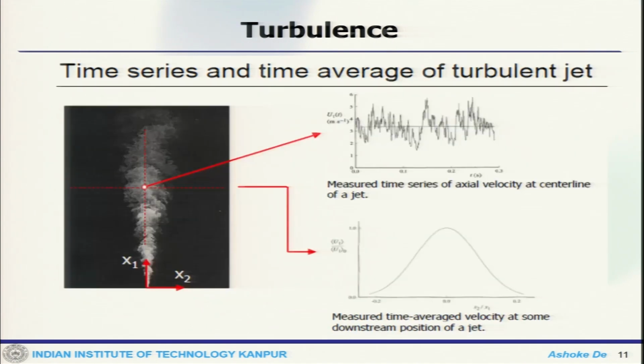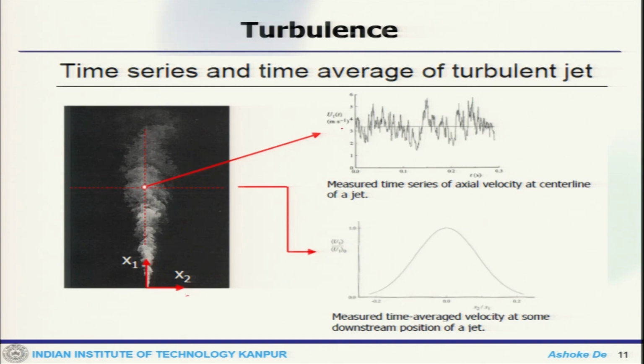Now, if you go to time series and time averaging of the turbulent jet kind of flame, this is the picture we have taken, already mentioned the source. This is the coordinate system x2 and x1.